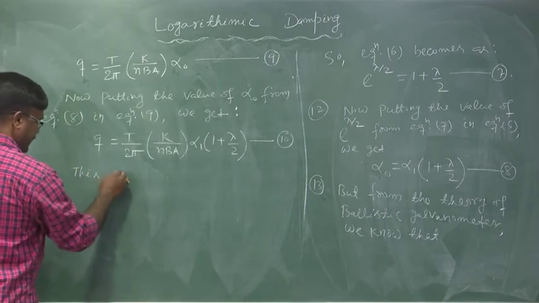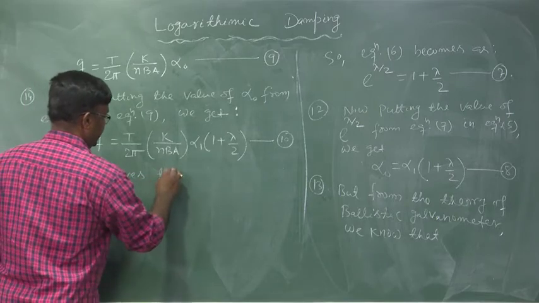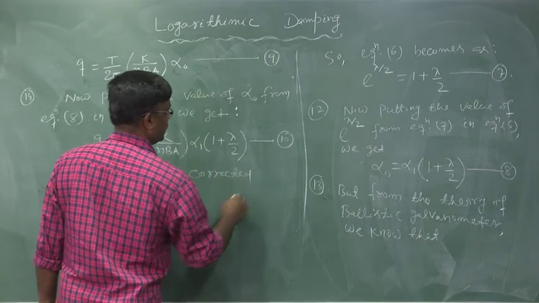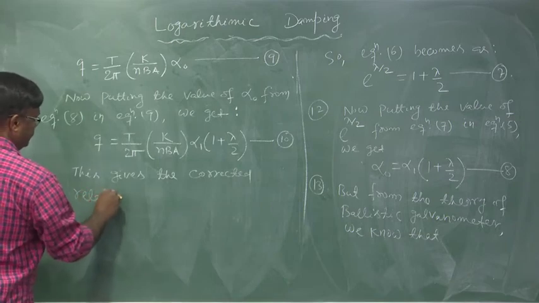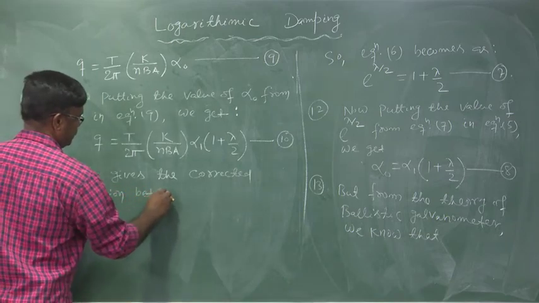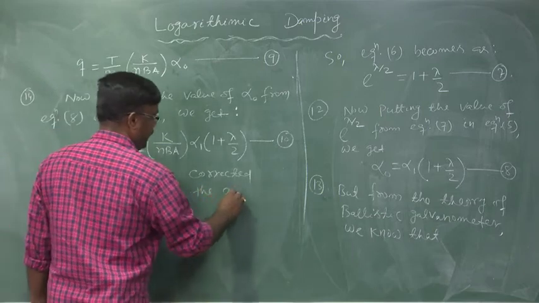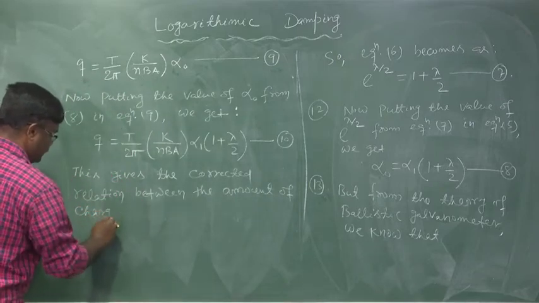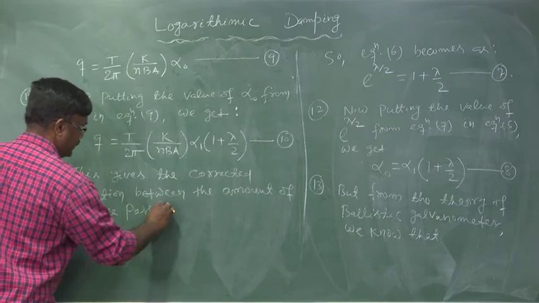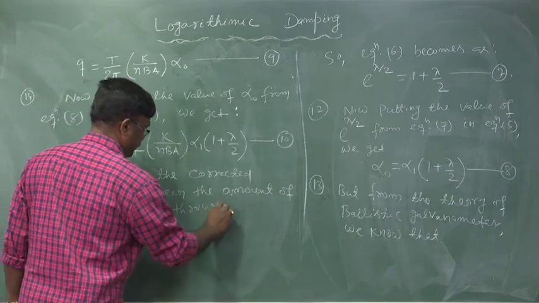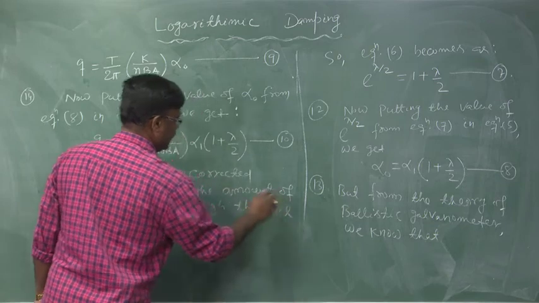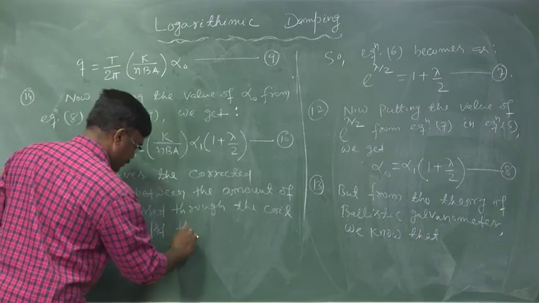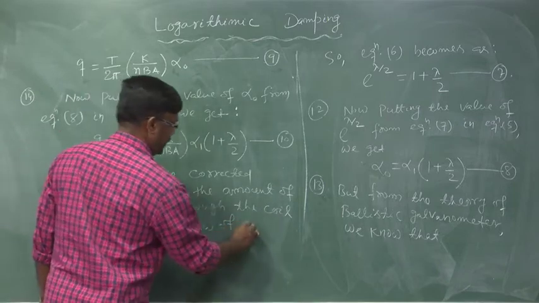This gives the corrected relation between the amount of charge passed through the coil and the first throw of deflection.